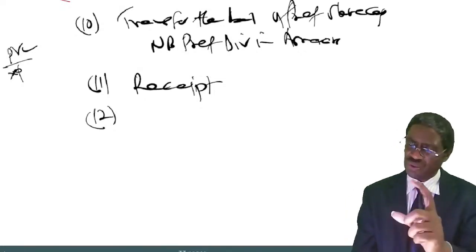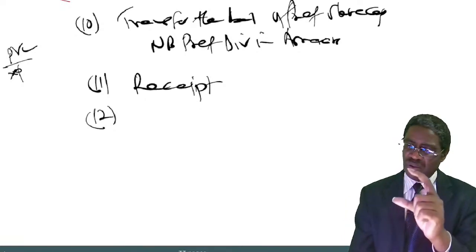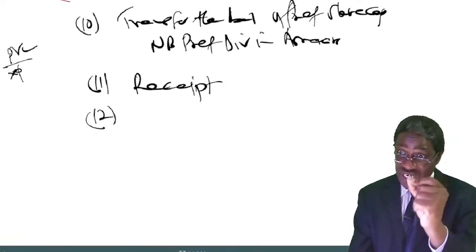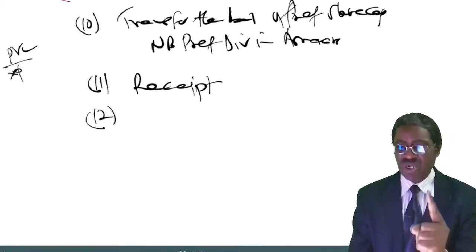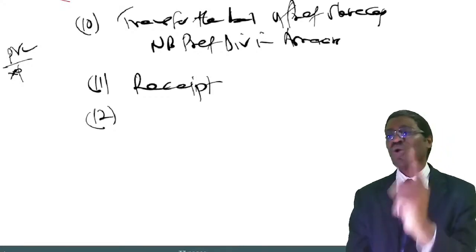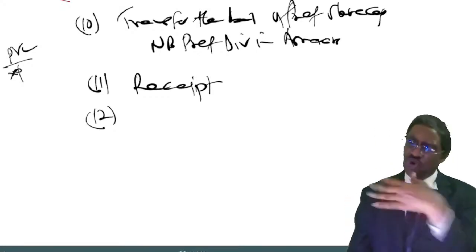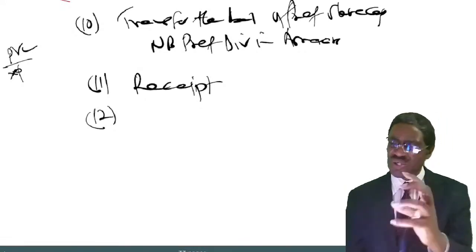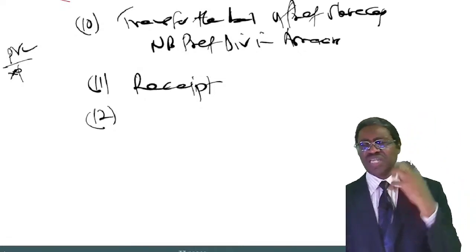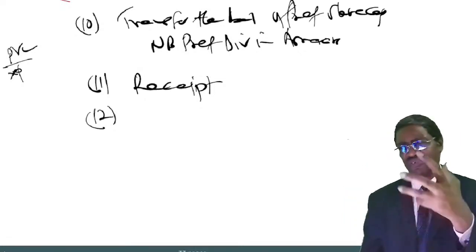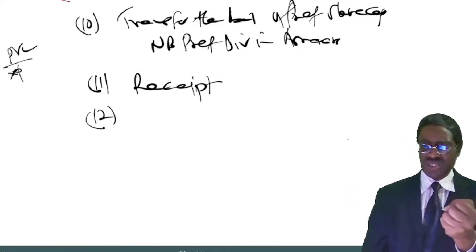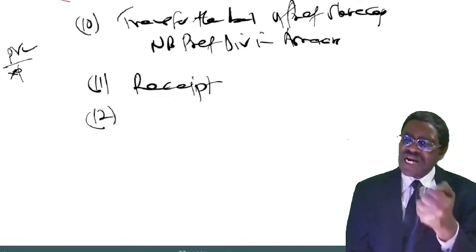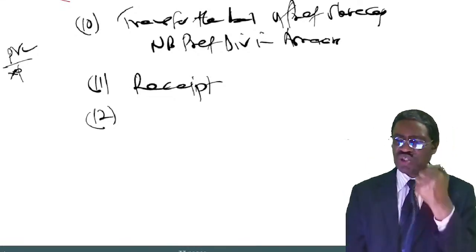I told you, whenever a company is liquidated, the stakeholders should be paid what is due to them so that they go their way and then they sell their business to company B. Now the question is this. Now that we have received cash, shares, debentures, who among our stakeholders should we pay first?